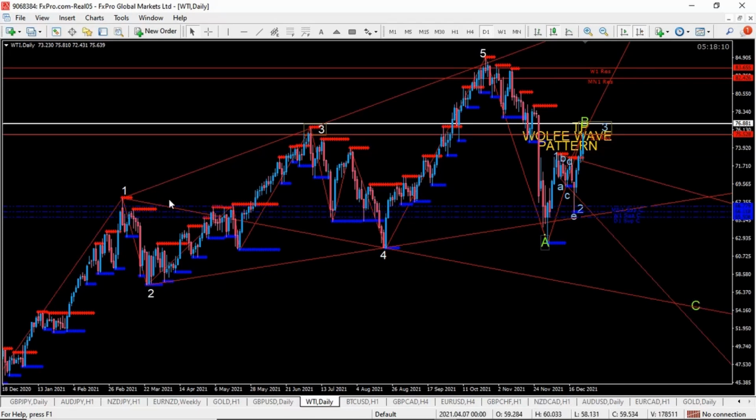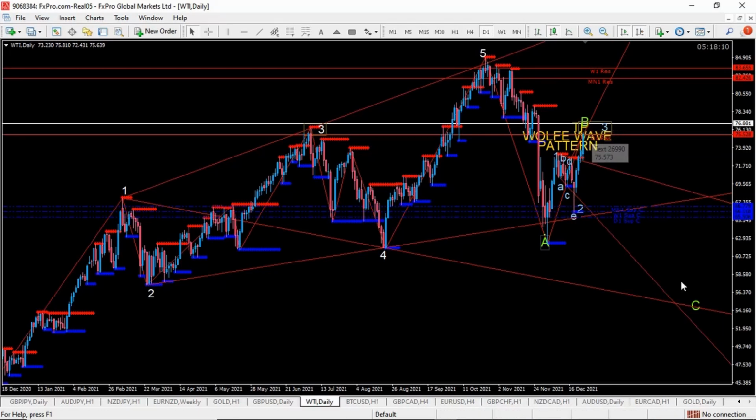So it is very clear, as you can see, this is a 1 2 3 4 5 pattern, which is an ending diagonal, which has completed. Now we have our correction, which is 1 2 3 4 5 A, and we have a 1 2 3 B. Then this is going to be our C down. So we have a 5 3 5, which is a zigzag.